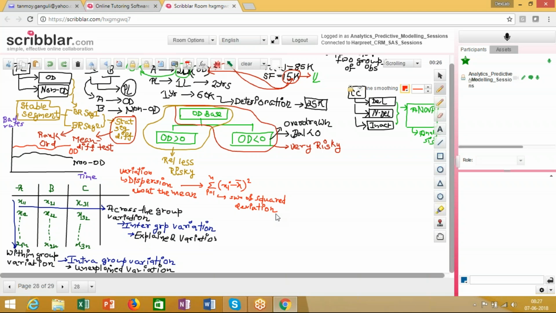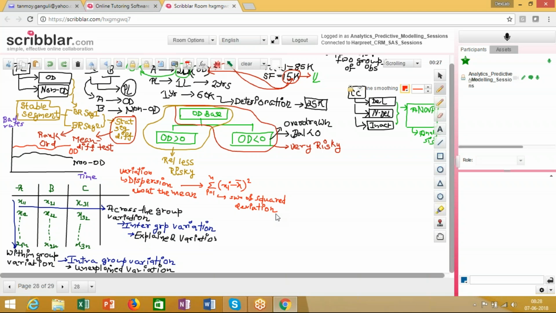Basically, what we need to do is compute. There are always two types of means: one is an across the group mean, and the other is a within the group mean, and we compare the variations about them. Since this estimation is done about the mean, it is summation xi minus x bar whole square.